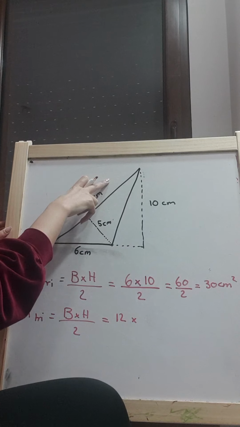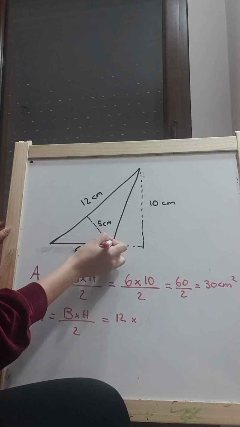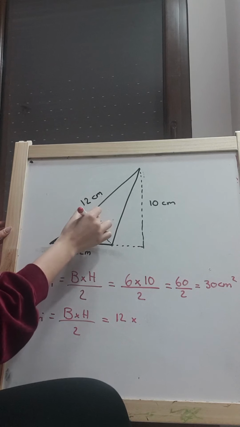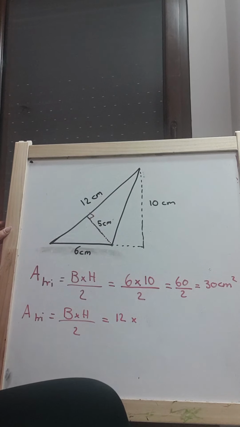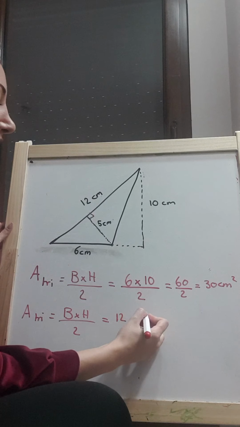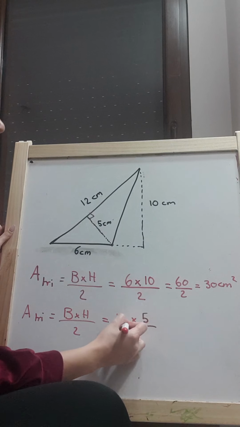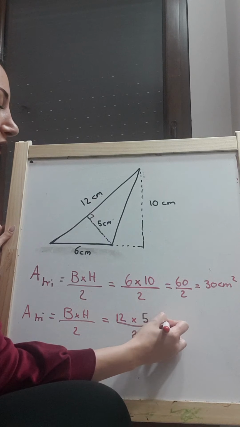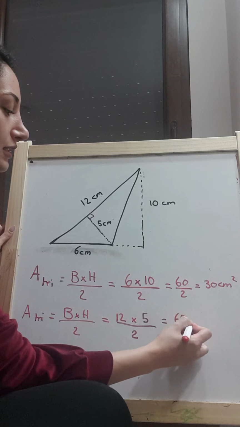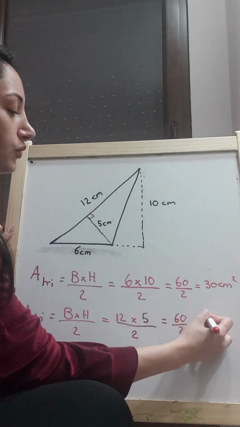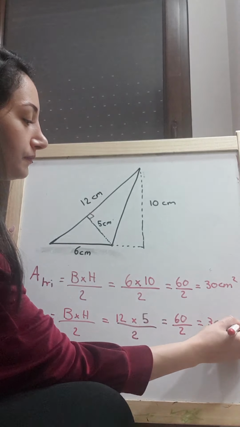Where is the opposite vertex to this base? It's this one. So this is the corresponding height to this base. So you multiply the 12 by 5 and you divide it by 2. In this case, it is 60 divided by 2, which is equal to 30.